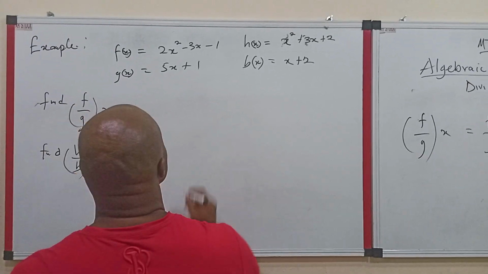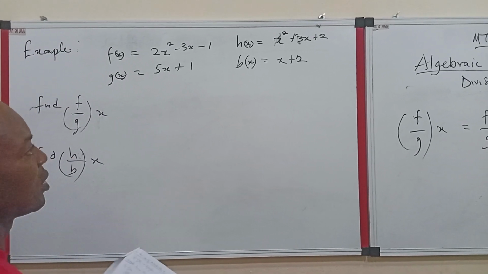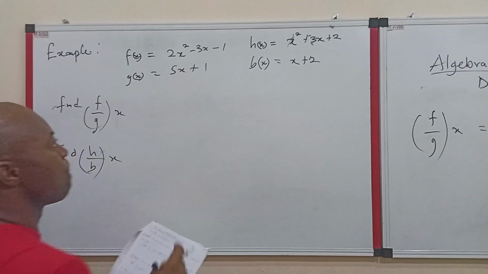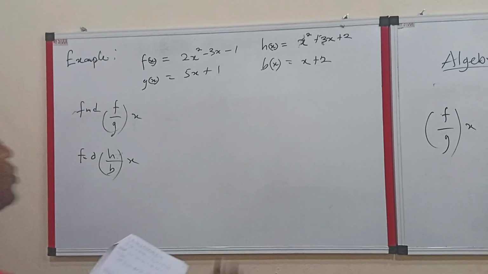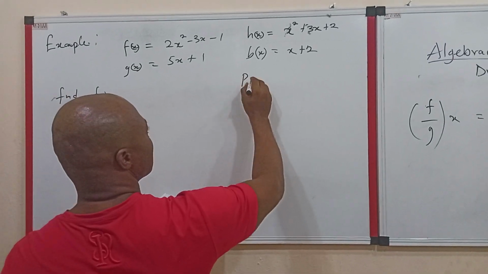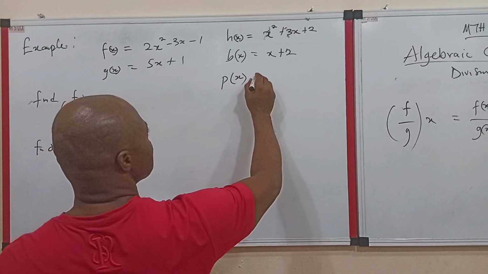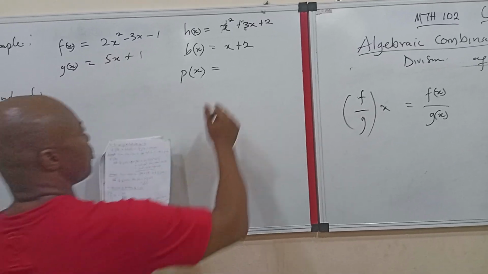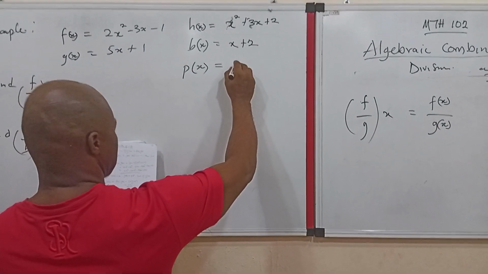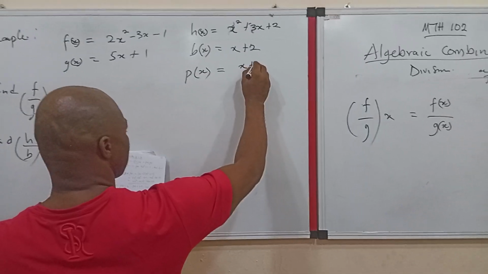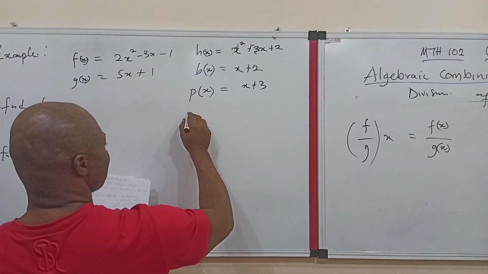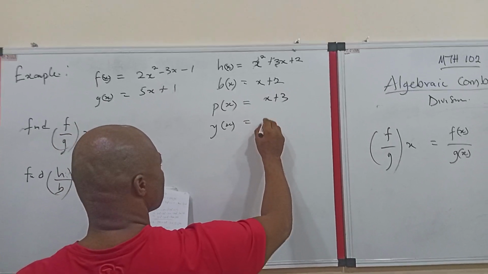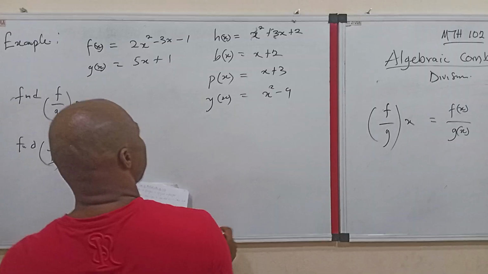Then lastly, if we have another term, okay, let's go with this one. If we have, say, p of x is equal to x plus 3, then we have y of x is equal to x squared minus 9.